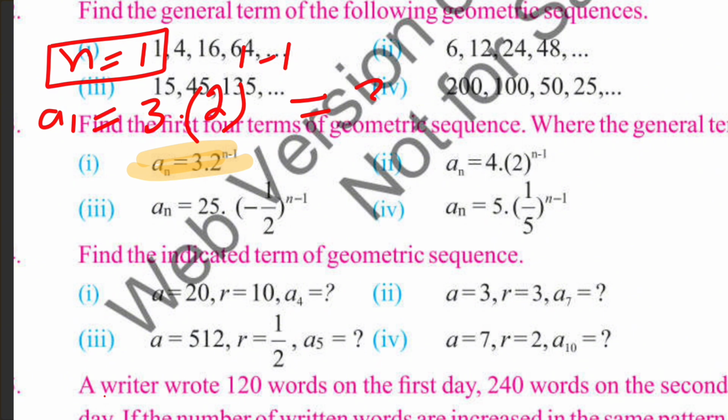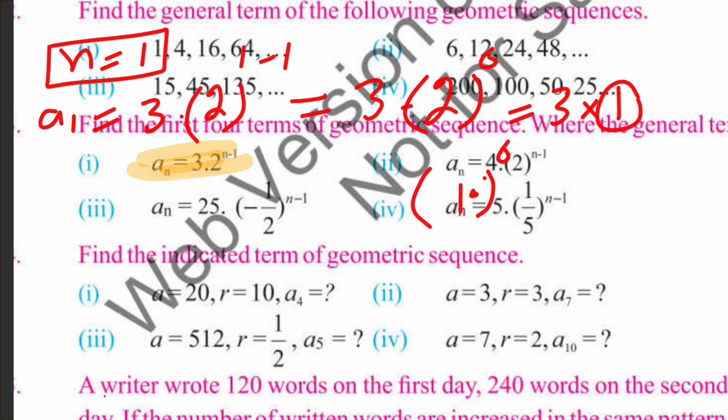Simplifying, 1 minus 1 in the brackets is 0, and 3 multiplied by 1, because every number raised to the power 0 is 1. So the answer is 3.